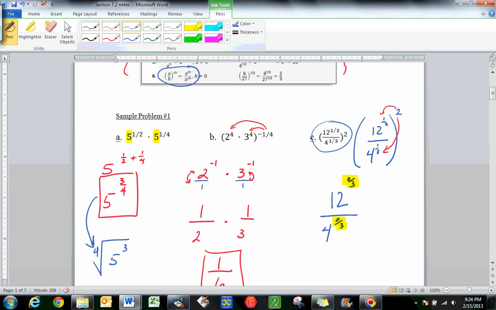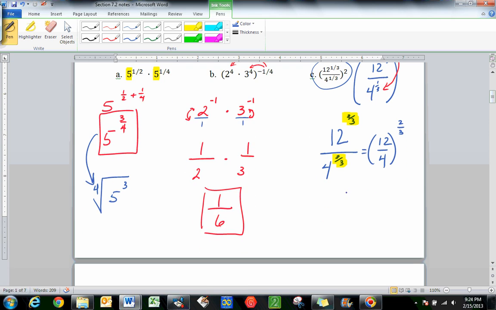So we can take this exponent out, leave the 12 over 4, and then put the 2/3 exponent outside of the fraction. The reason this is useful for us is because 12 over 4 is equal to 3, and that's going to leave us with 3 to the 2/3 power.